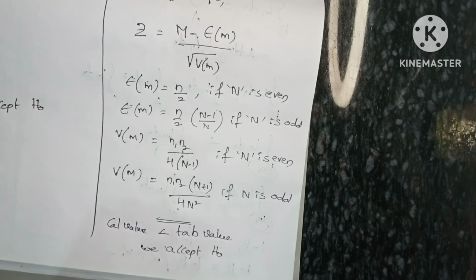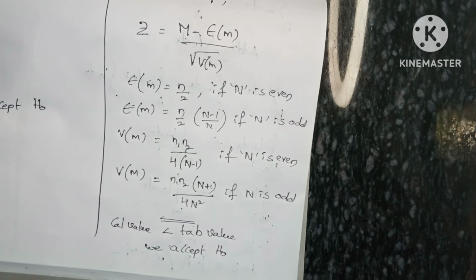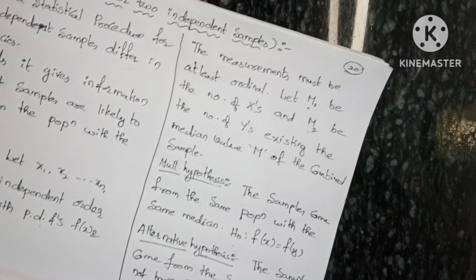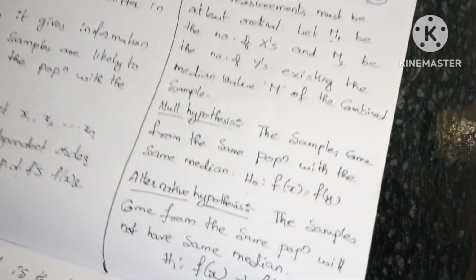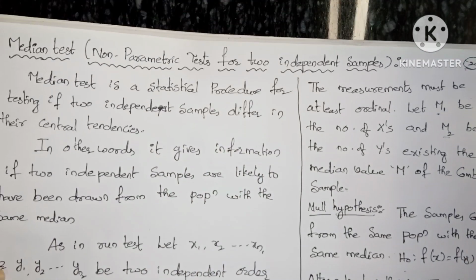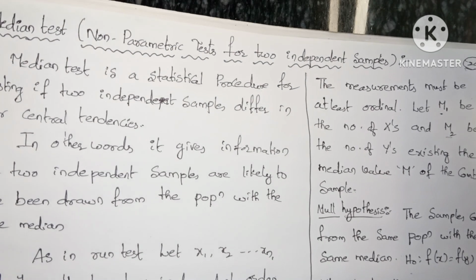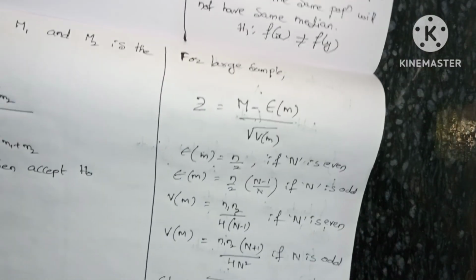Otherwise we have to reject the null hypothesis. So this is a very easy procedure. Hope you all understand this procedure. Once again, see this video so that you can understand clearly.